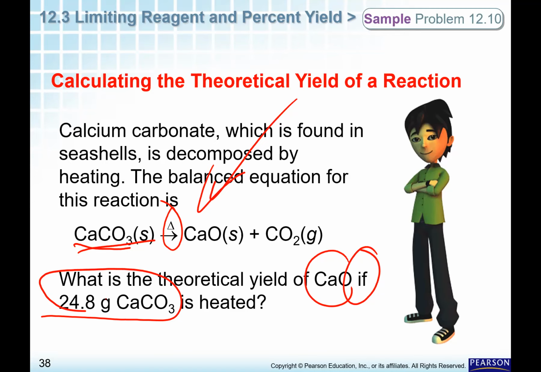But for following the dimensional analysis, we multiply it by 1 mole over 1 mole, just to be on the safe side. And that will give us the moles of calcium oxide. The last step is that we multiply whatever answer we get by the molar mass of calcium oxide, and that will give you the theoretical yield.